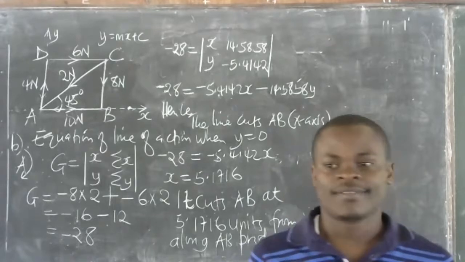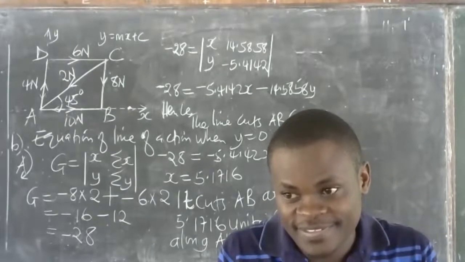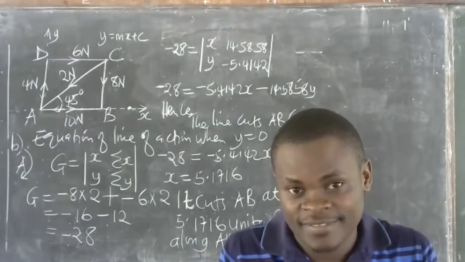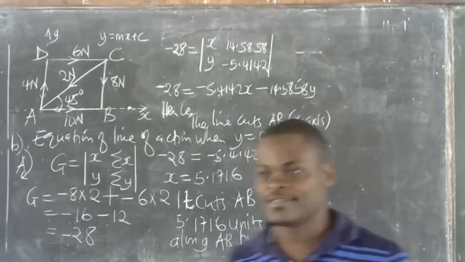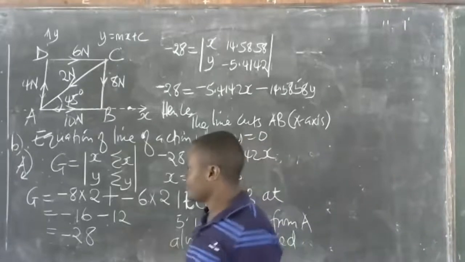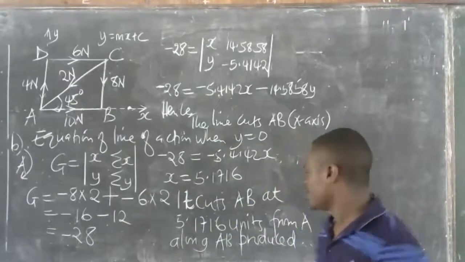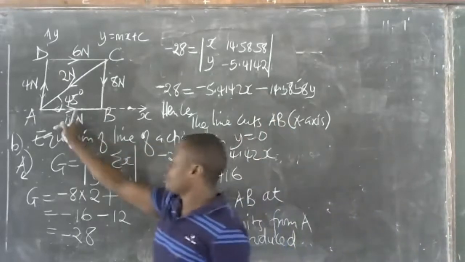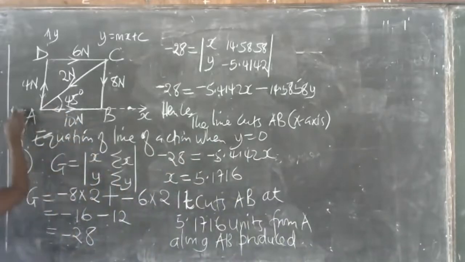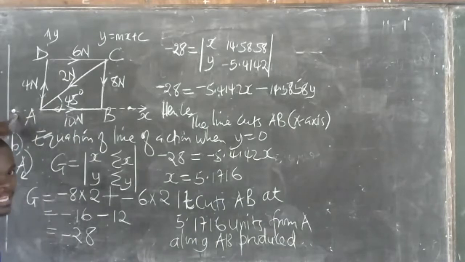When it's a negative, when you're concluding, do you put the negative in the answer, or you put the positive? How do you conclude it when it's a negative? Now, if it's a negative answer, that means from the origin, you move this side, so it will be here. Definitely, it is outside line AB, so you have to produce the line.